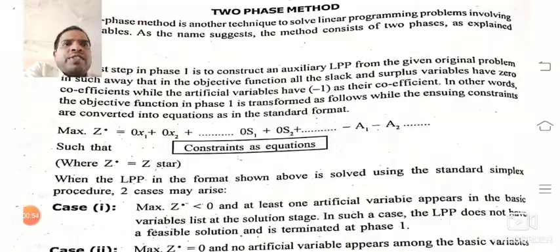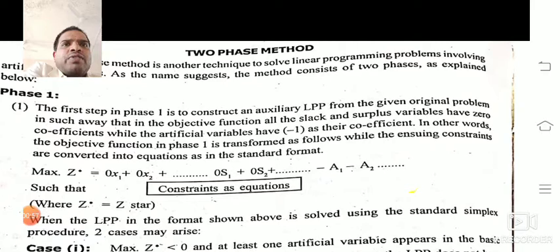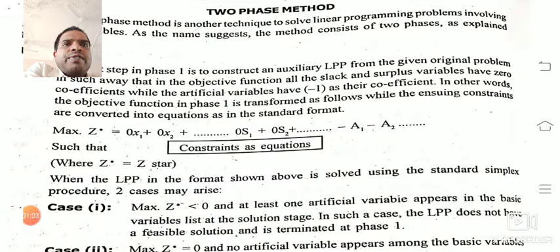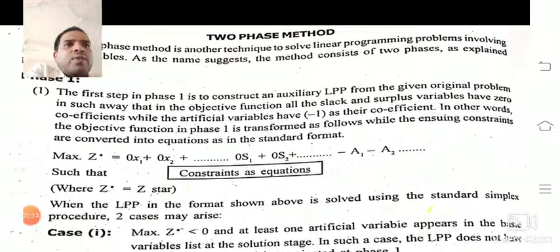The first step in phase 1 is to construct an auxiliary LPP from the given original problem in such a way that in the objective function all the slack and surplus variables have 0 coefficients, while the artificial variables have -1 as their coefficient.